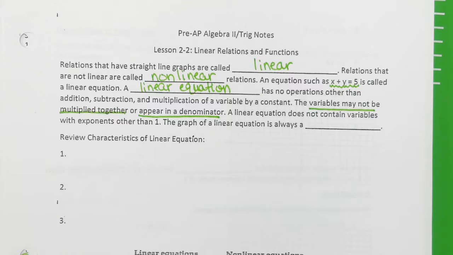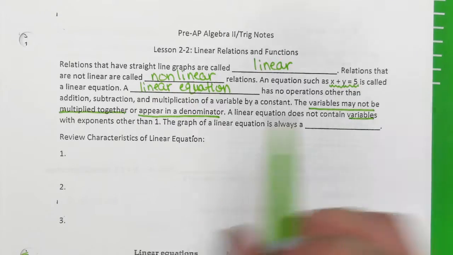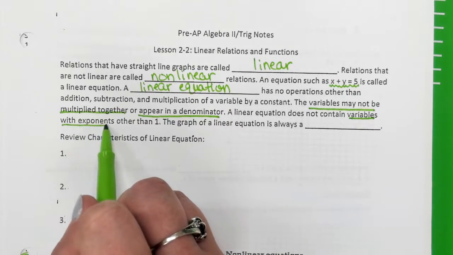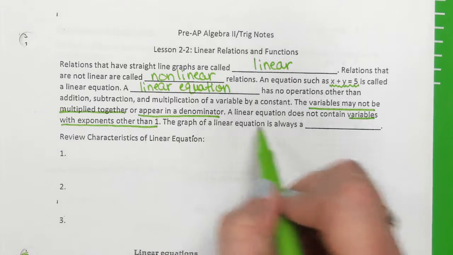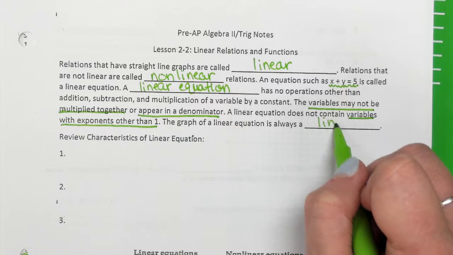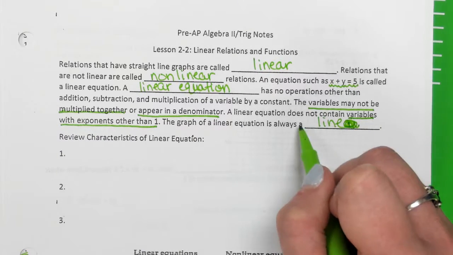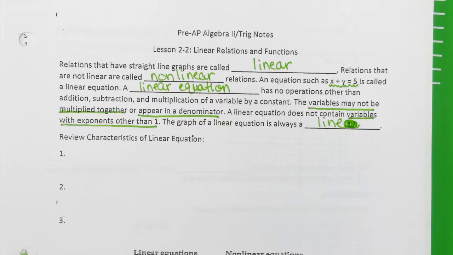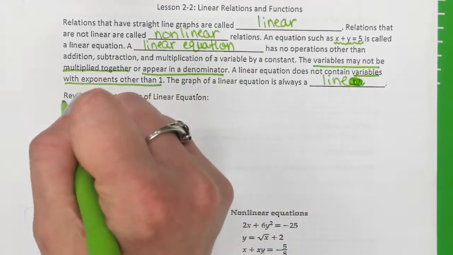Then it goes on to tell you a linear equation does not contain variables with exponents other than 1. And finally, the graph of a linear equation is always a line. Well, actually, it should be a line because it says the word a. Technically it's the same thing.